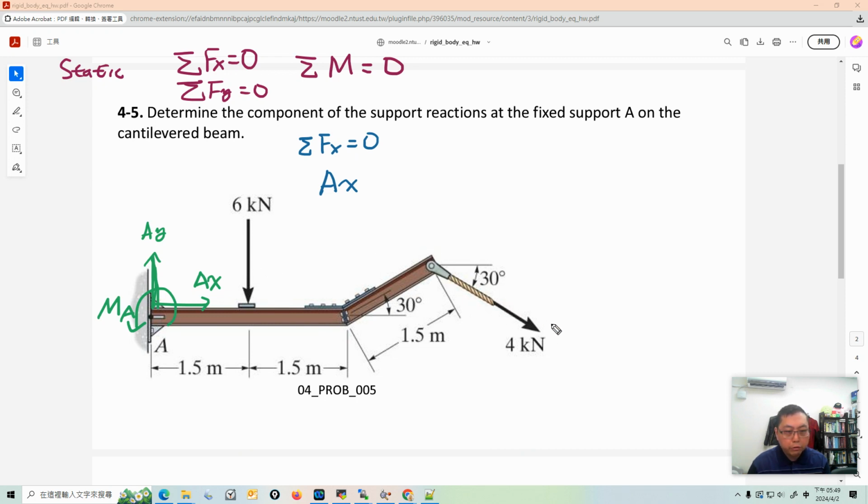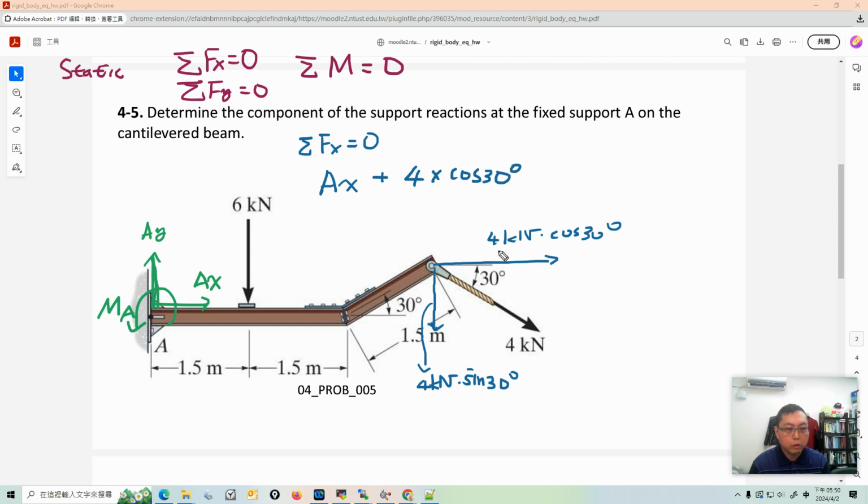Here is the 4 kilonewton force, and we can decompose it because it's very clear: this force is at 30 degrees with respect to the horizontal line. So we decompose the force like this: 4 kilonewton times cosine 30 degrees, and 4 kilonewton times sine 30 degrees. The x component points to the right, so it's plus 4 times cosine 30 degrees.